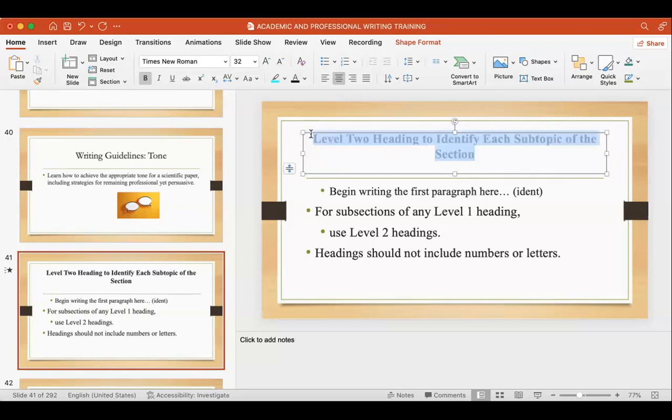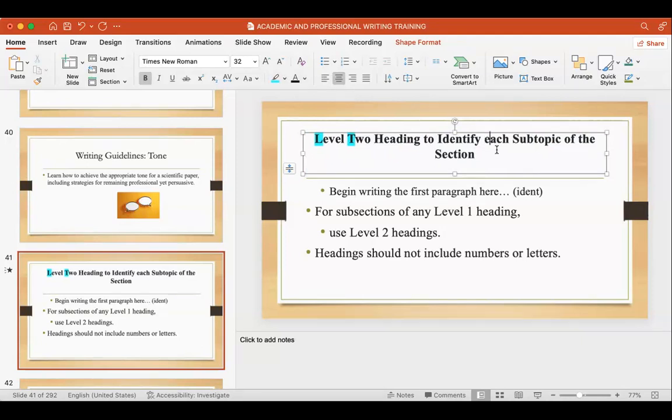But now, because I want to make it level 1 header, I center it. I bold it the way it is. Every keyword here starts with a capital letter. Every keyword. So in APA, all the keywords in your header, including words that are 4 letters or more, must start with a capital letter. So for instance, if this was a good header, it will be this way.